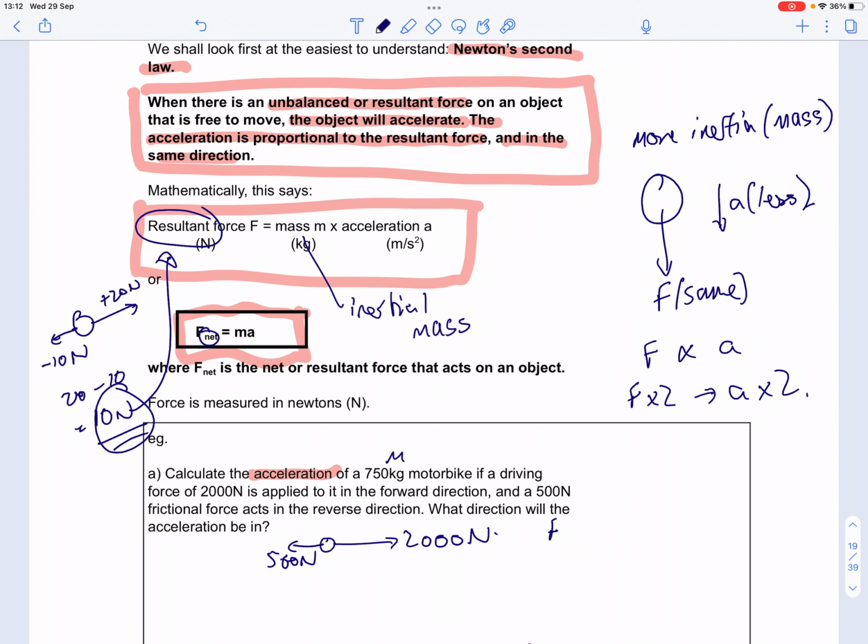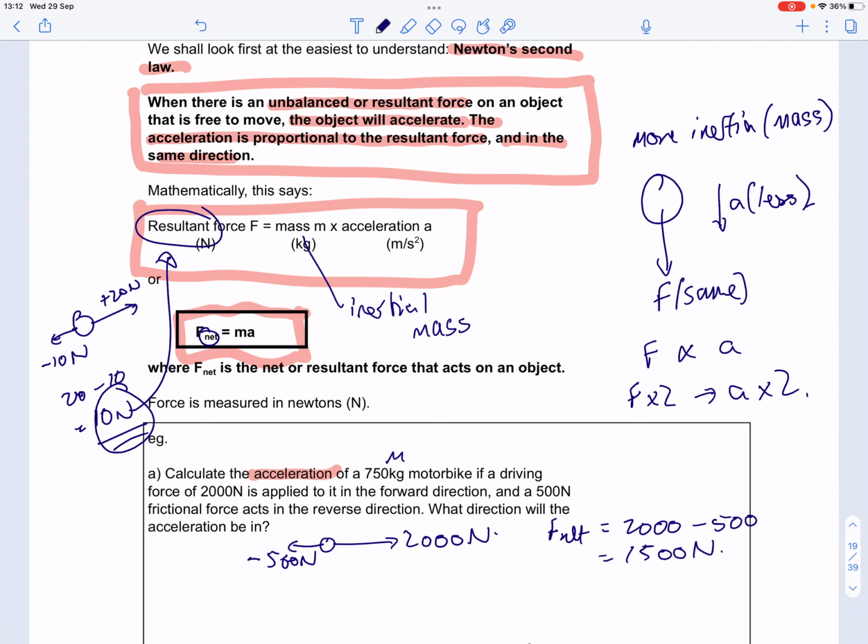So we can say that the net force is equal to, well, let's do it with the vector signs added in. So we have plus 2,000 acting to the right, and minus 500 because it's acting to the left. So the net force would be the sum of those, which is 2,000 plus minus 500. So effectively 2,000 minus 500, which is going to be 1,500 newtons.